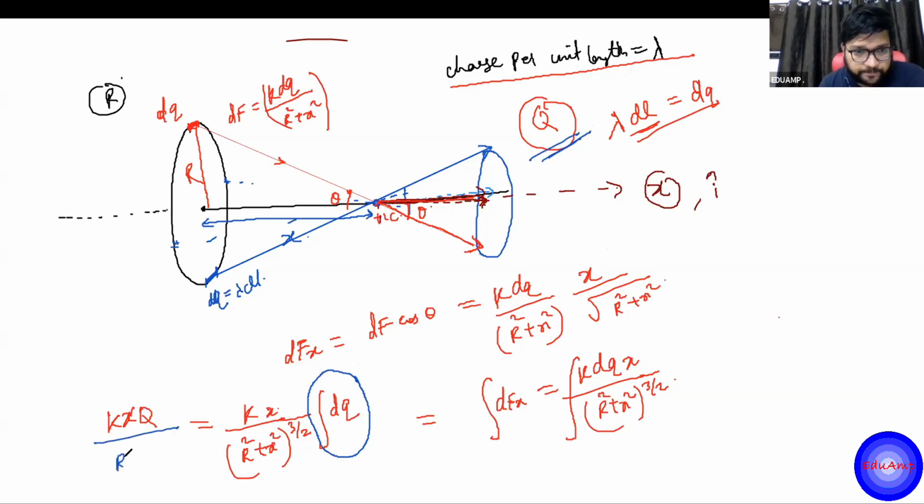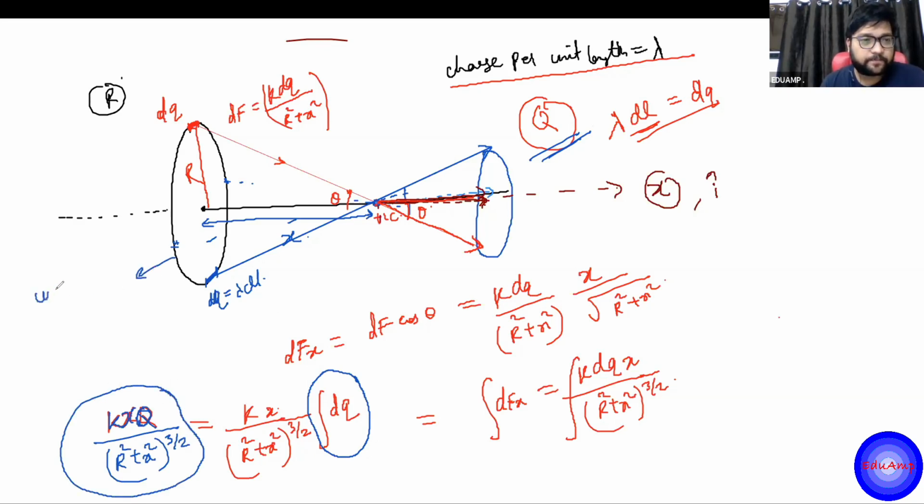So this is the expression for the electric field due to a uniformly charged ring. Due to a uniformly charged ring, at a distance x from the center of the ring on its axis, what is the electric field?